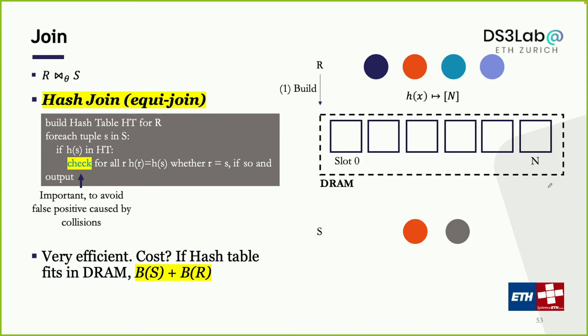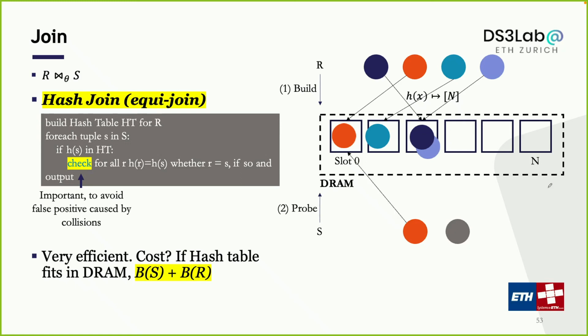So this one is actually very efficient. What's going to happen is you decompose this into two different phases for R join S. The first phase is you build a hash table. You sequentially scan R once. For every single tuple, you maintain this in-memory hash table, and you put it into different slots. Then in the second phase, when you have this in-memory data structure, you sequentially scan the S relation, and for every single tuple in S, you probe this hash table.